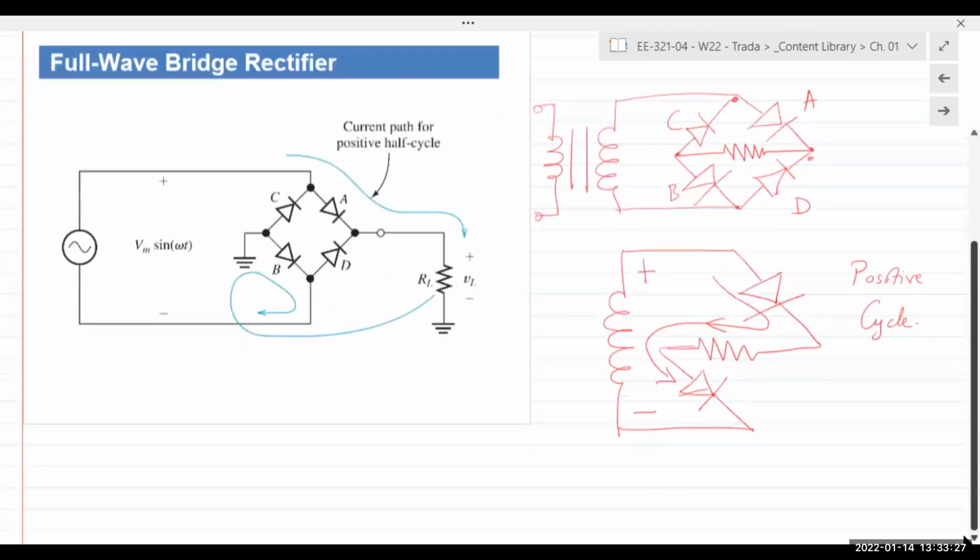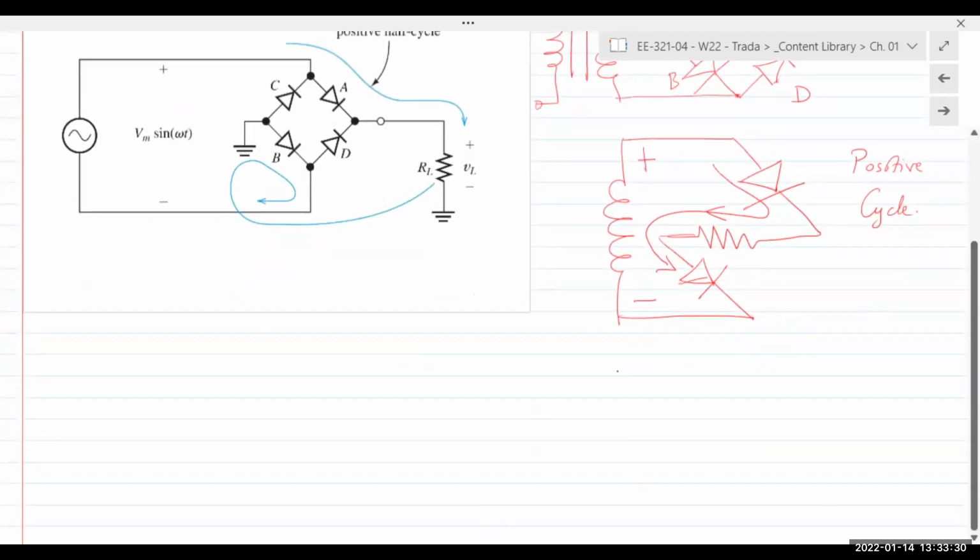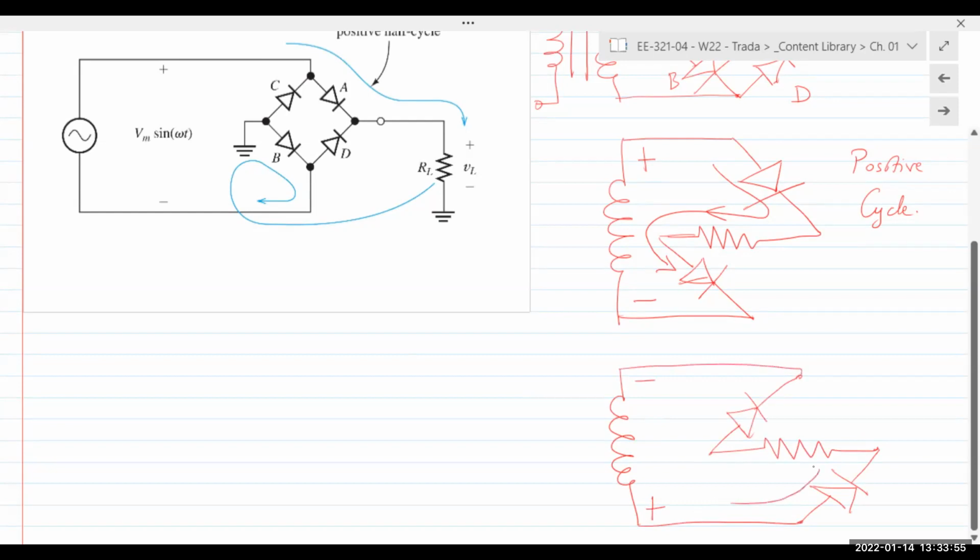And when the polarity reverses, A and B turn off. Now, however, C and D turn on. So this becomes positive, this becomes negative. Now the current flows in this direction. It is still flowing from right to left.